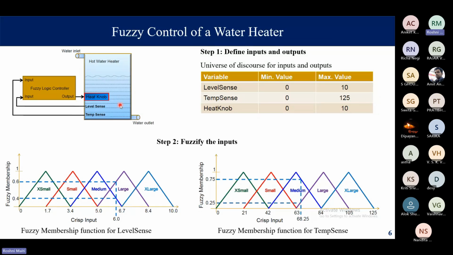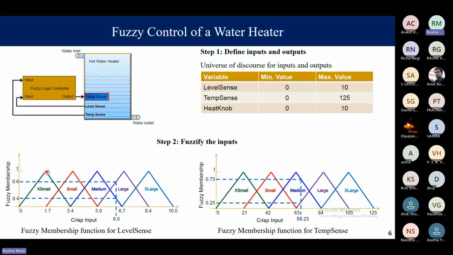Therefore, what we have to do is specify those in membership functions. First, we have defined the levels as membership functions, where we have to scale within 1. So the maximum point will be 1.